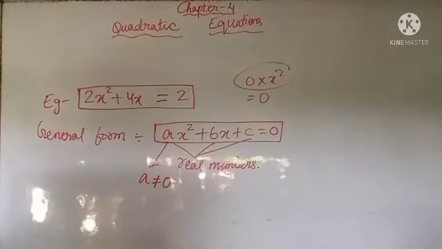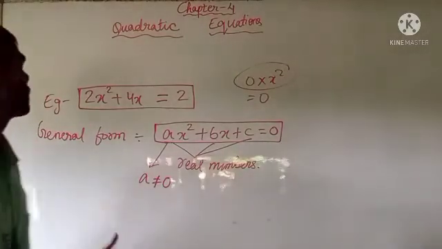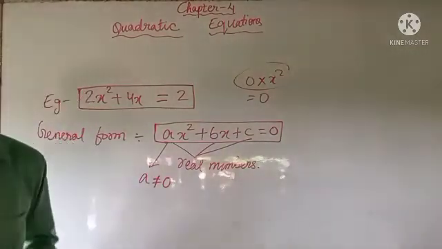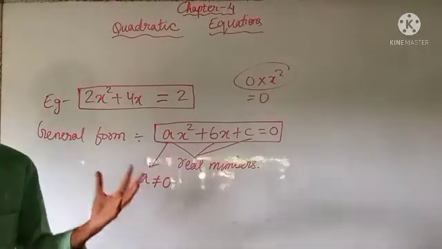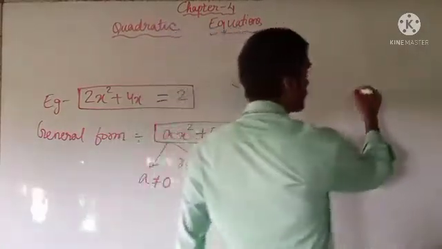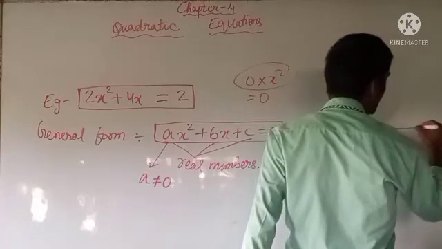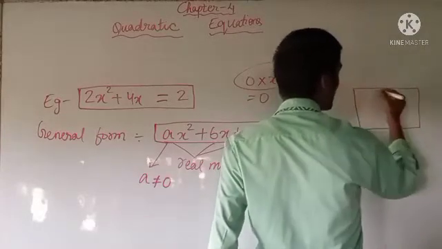Now this quadratic equations, we can use in our real life also. Suppose I tell you about the area of a room which is in the form of a rectangular shape.